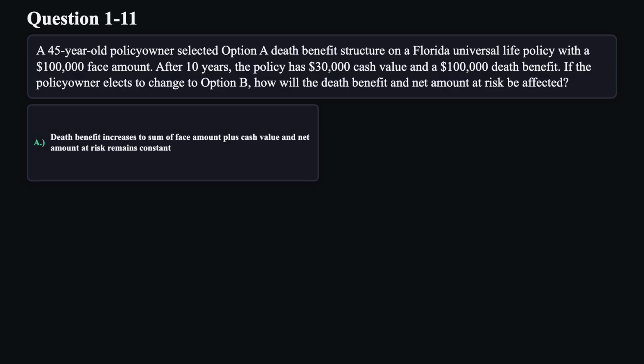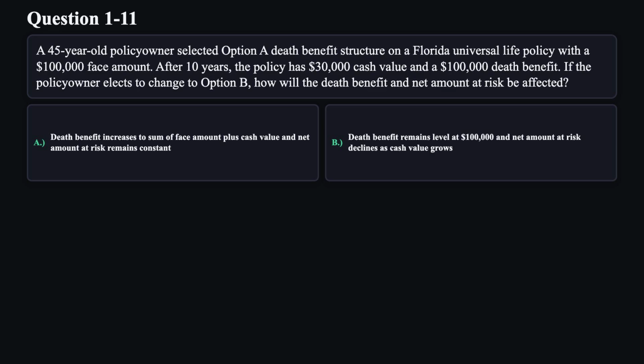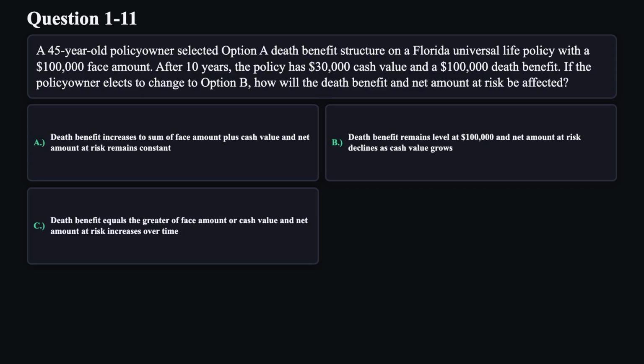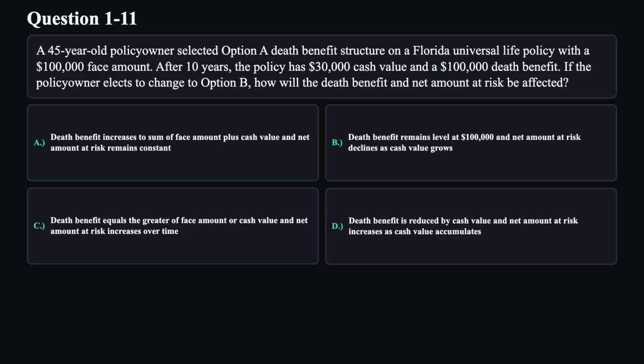A. Death benefit increases to sum of face amount plus cash value and net amount at risk remains constant. B. Death benefit remains level at $100,000 and net amount at risk declines as cash value grows. C. Death benefit equals the greater of face amount or cash value, and net amount at risk increases over time. D. Death benefit is reduced by cash value, and net amount at risk increases as cash value accumulates.